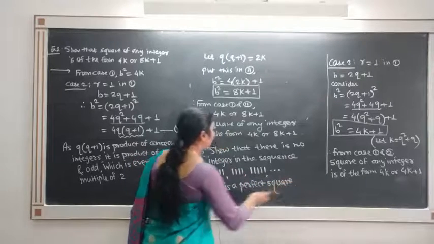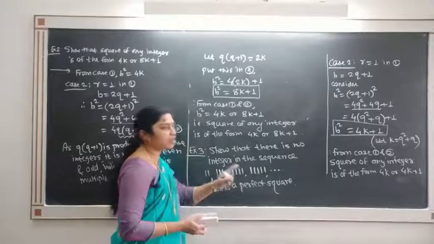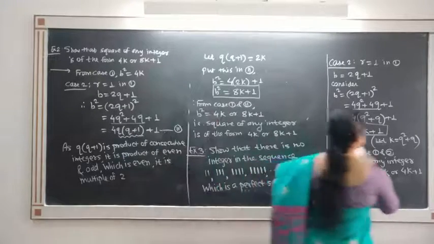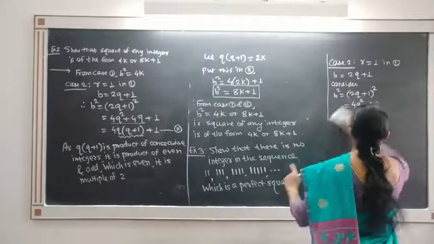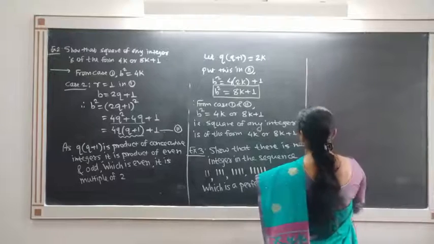So we want to show that none of these, neither 11 nor 111, none is the square of any integer. So why is it not the square of any integer?